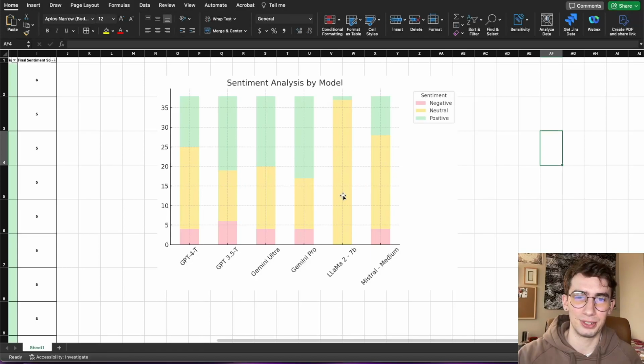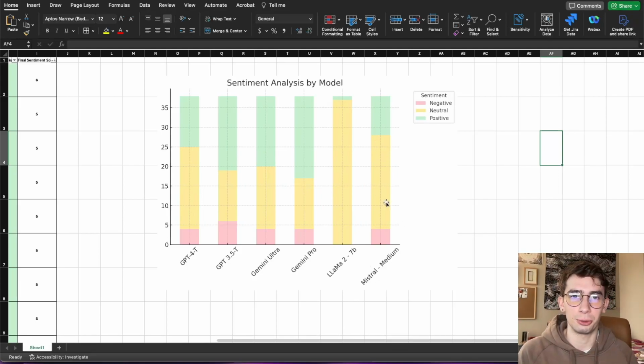Llama2, 7B, the 7 billion parameter model, only said that one comment was positive and then the rest of them were all neutral. So I'm not really very thrilled by Llama2's performance, but we see a decent spread across the board from the other models, with relatively similar counts of the negatives, neutrals, and positives.